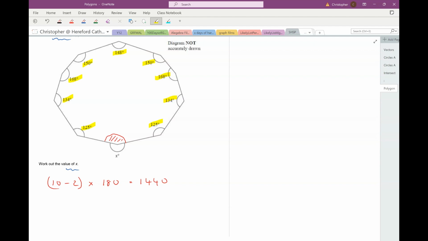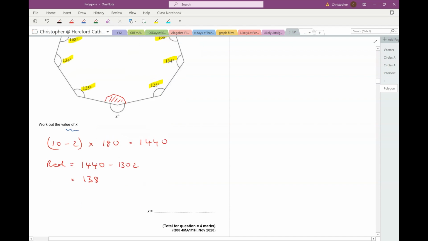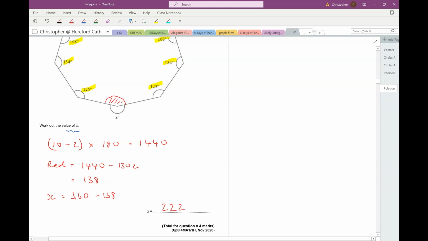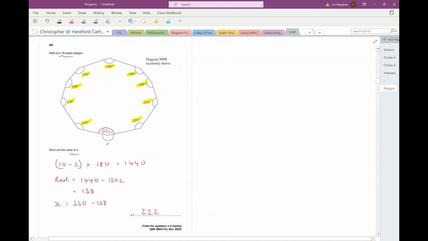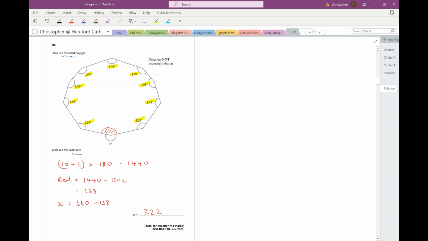So the red angle there is going to be 1440 minus 1302, which is 138. So the angle X is going to be 360 subtract 138, which is 222 degrees. And that is my answer for question 5.